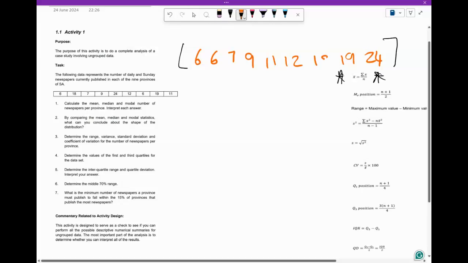Okay. Double check. Let's double check the variables. Welcome. We are doing activity 1 in learning unit 3. Is everything okay? It's not okay. What's wrong?